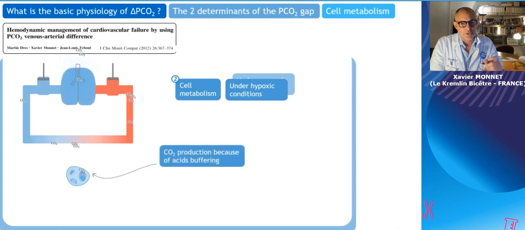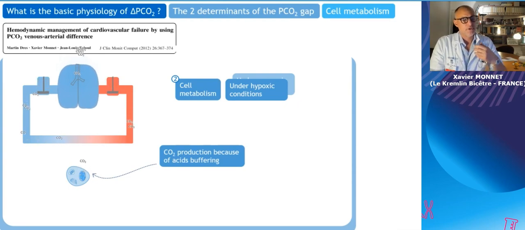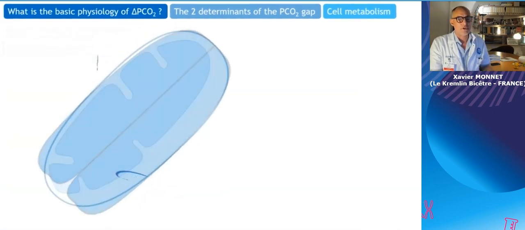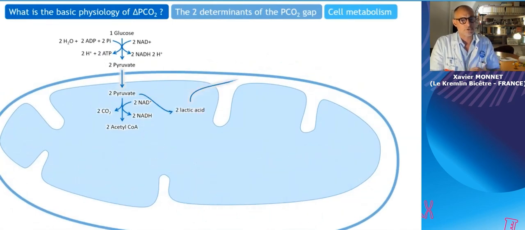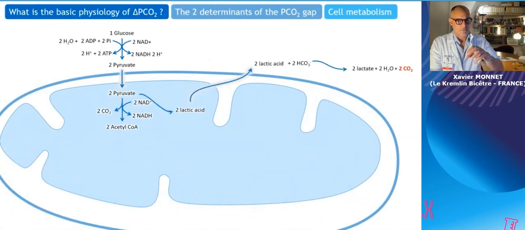But CO2 is produced in excess because of acid buffering. I mean that because there is no more oxygen, the respiration of the mitochondrion is interrupted. Pyruvate accumulates, lactic acid accumulates, but it's immediately buffered by bicarbonates, which produces CO2.